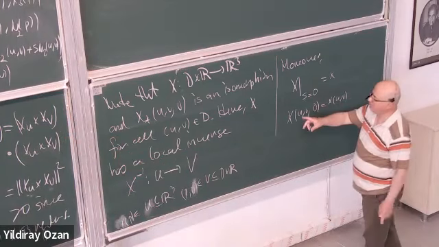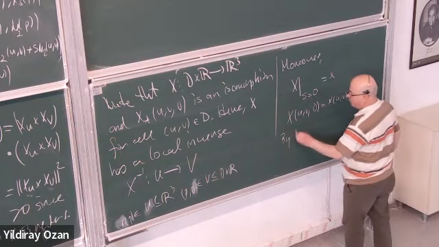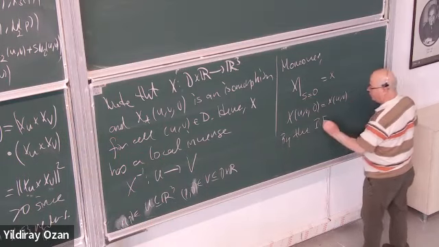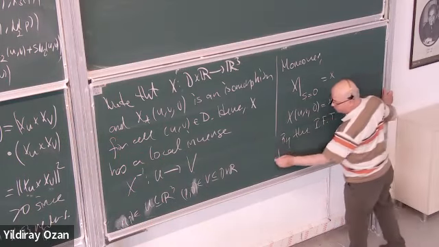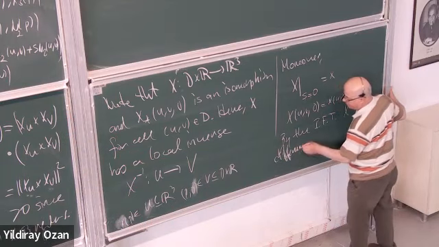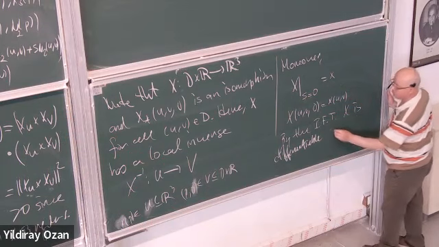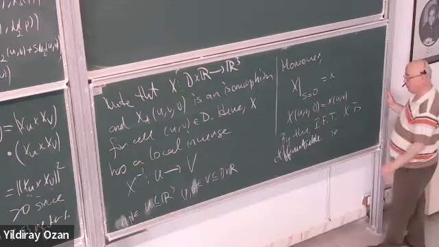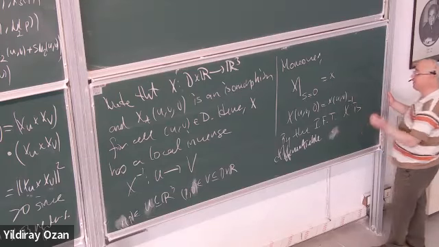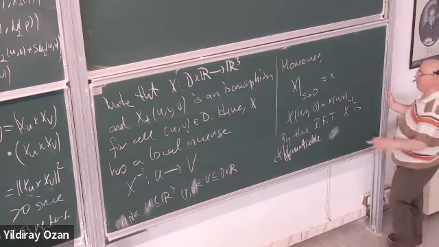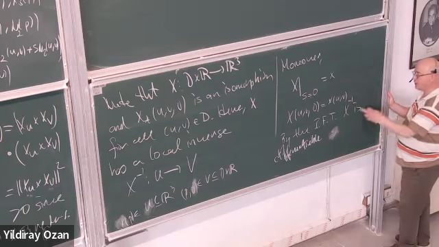Hence, by the inverse function theorem, this big X is differentiable, so that its inverse is differentiable. Because big X is already differentiable, and the inverse function theorem says its inverse is also differentiable.